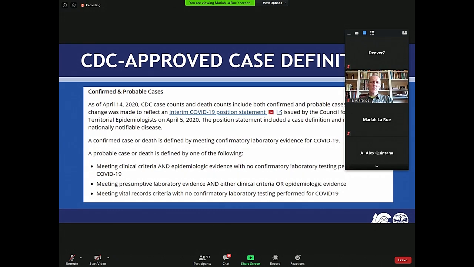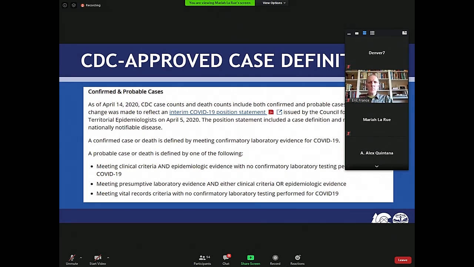Those individuals are also counted as cases of COVID-19, even if the cause of their death was not necessarily due exclusively or even partially to COVID-19. So it creates these two parallel systems that we recognize can be challenging to interpret.